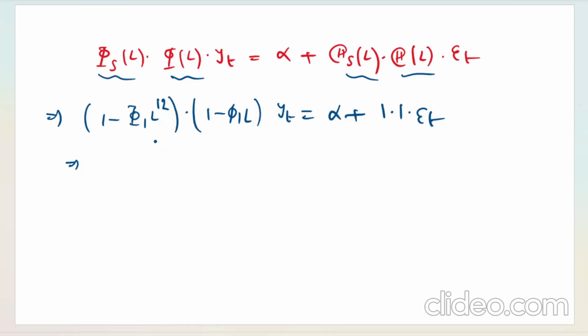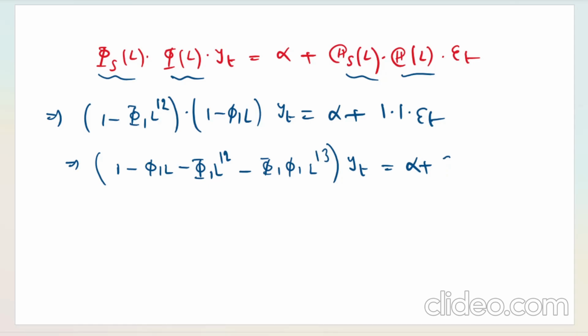So now you can multiply. Let me do that. Okay, 1 minus phi 1 L minus capital phi 1 L to the power 12 minus capital phi 1 L to the power 13 into yt, and here you have this.